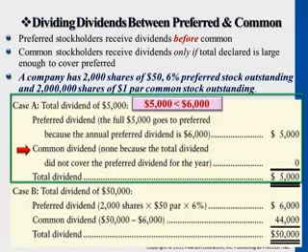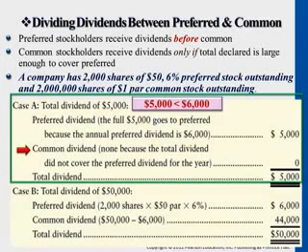Now for cash dividend, when we want to divide cash dividends between preferred shareholders and common shareholders, this is the way we divide it. Preferred shareholders also break down to two types: cumulative preferred shareholders and non-cumulative preferred shareholders. So this is an example where companies issued either $5,000 or $50,000.